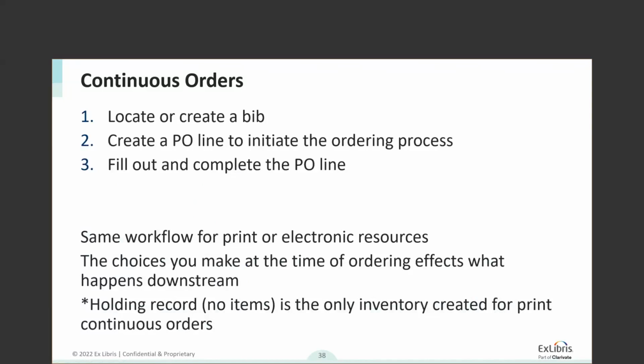Now, the difference with continuous orders is for inventory, only a holding record is created, no item records for a print continuous order. So that's the difference. Electronic, it's going to make the electronic inventory for you, no problem.